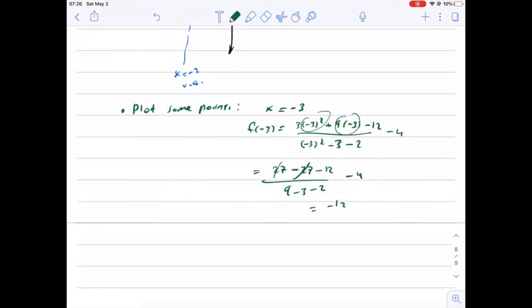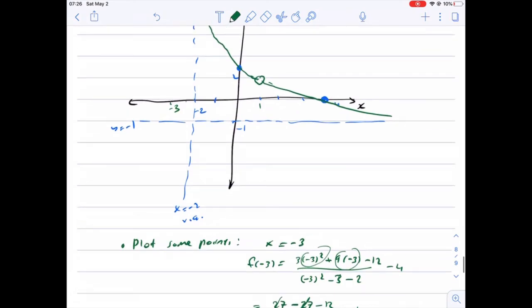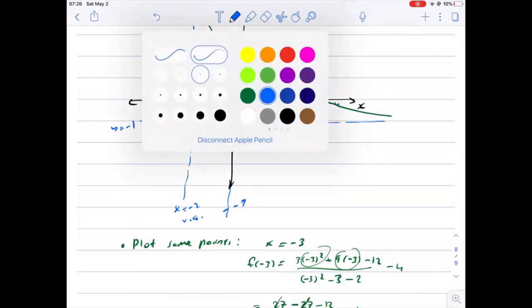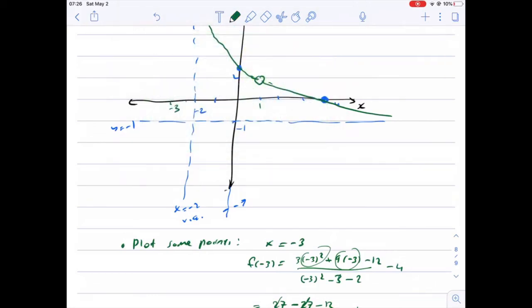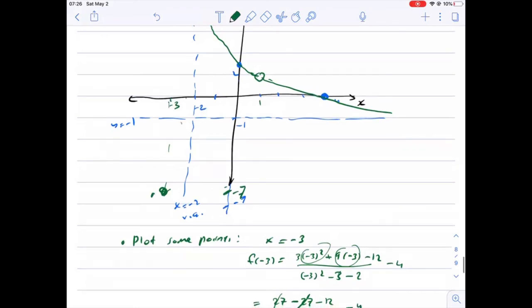We get -12 over 9 minus 3 is 6 minus 2 is 4, minus 4. This is -3 minus 4, which is -7. So at -3 we have -7. That's the image. -7 is somewhere here. So we have -3, and let's say here -7. So this point is, that means the graph will be in this quadrant. So the graph looks like this.